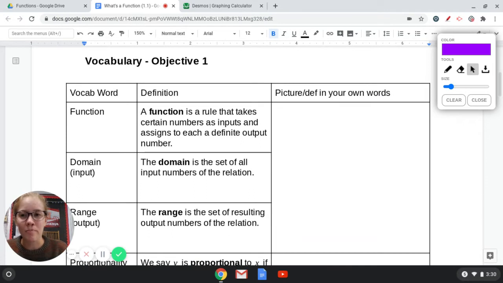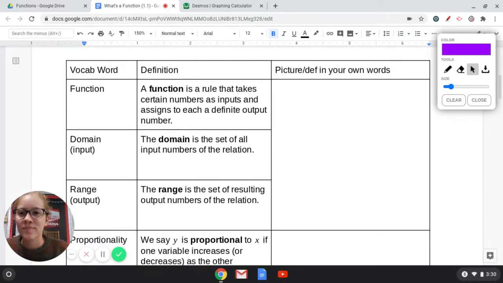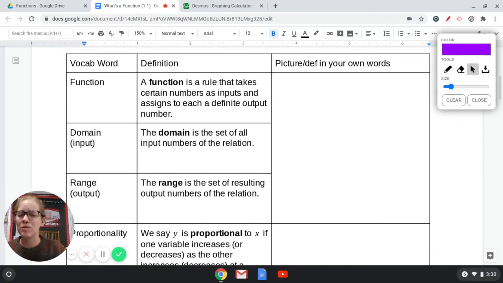So let's talk vocab. A function is just a rule, a specific rule that takes certain numbers as inputs and assigns each to a definite output number, which means each input gets only one output. A common way to visualize this is through a function machine, which I believe is linked at the bottom of this page.